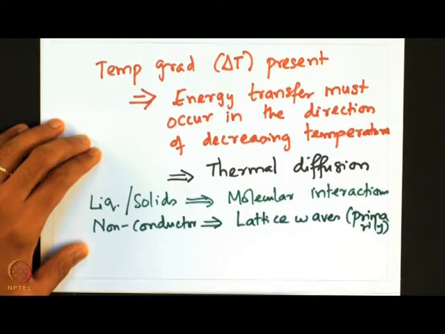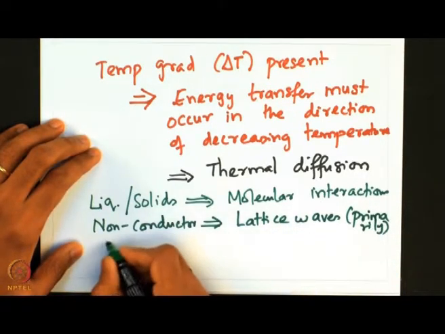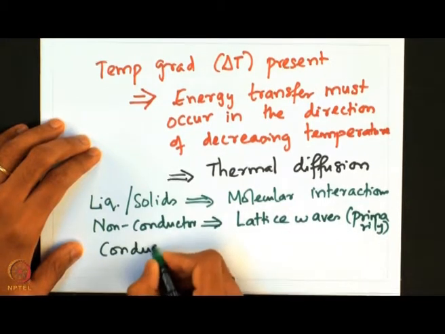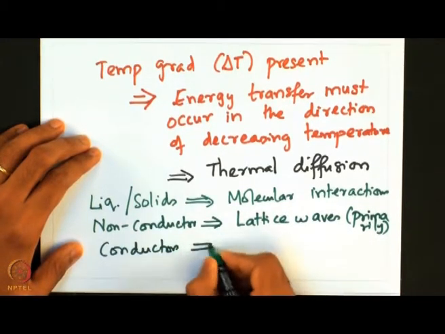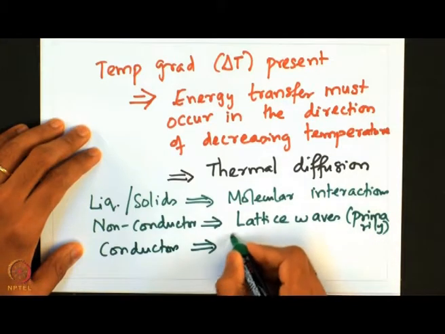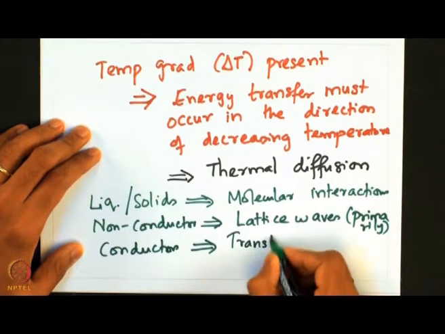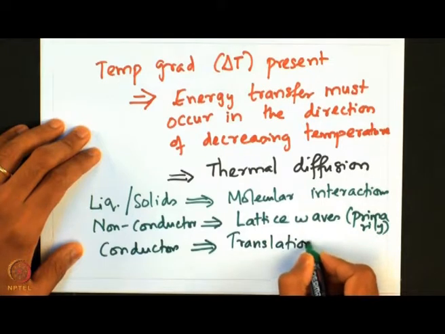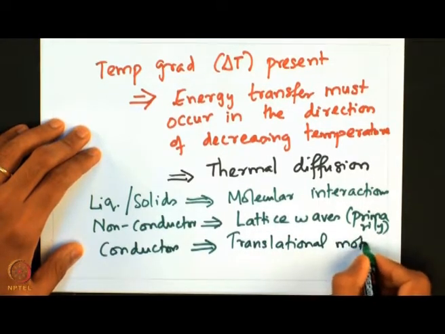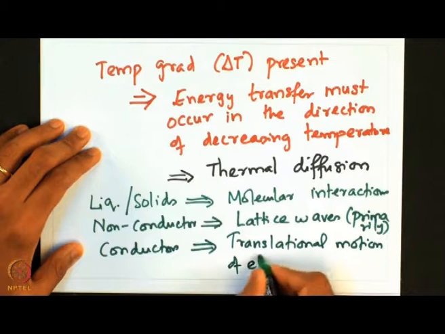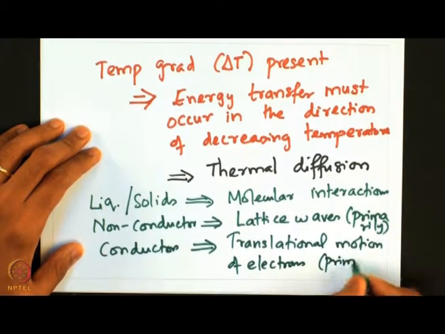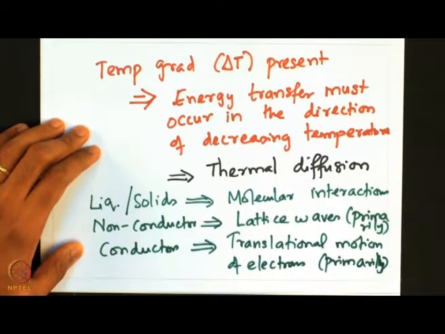The primary mechanism that governs thermal diffusion in a non-conductor is the lattice waves, and in the case of conductors, it is primarily governed by the translational motion of the electrons that are present.